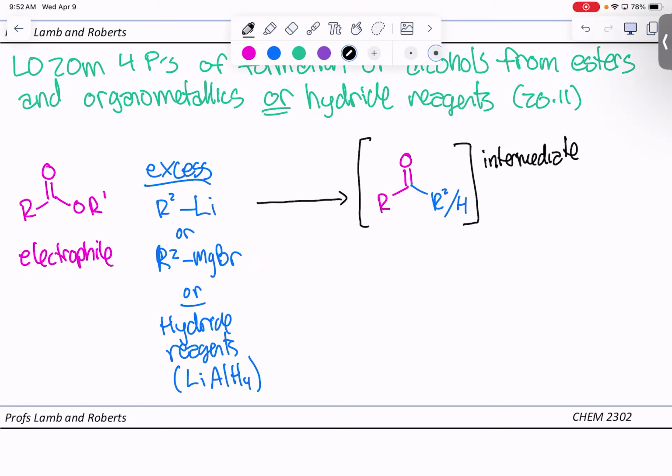Right, we know ketones react really well with organometallic reagents. So it turns out that we keep going in this reaction, and this is how we get our alcohol. So at first we have our alkoxide. We haven't worked it up yet. We're going to have R2 or hydride add in again.